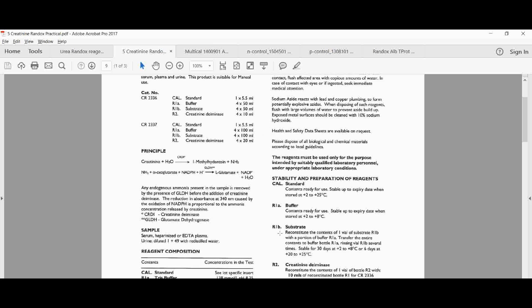But with R1B, you have to reconstitute the contents of 1 vial of substrate R1B with a portion of R1A.